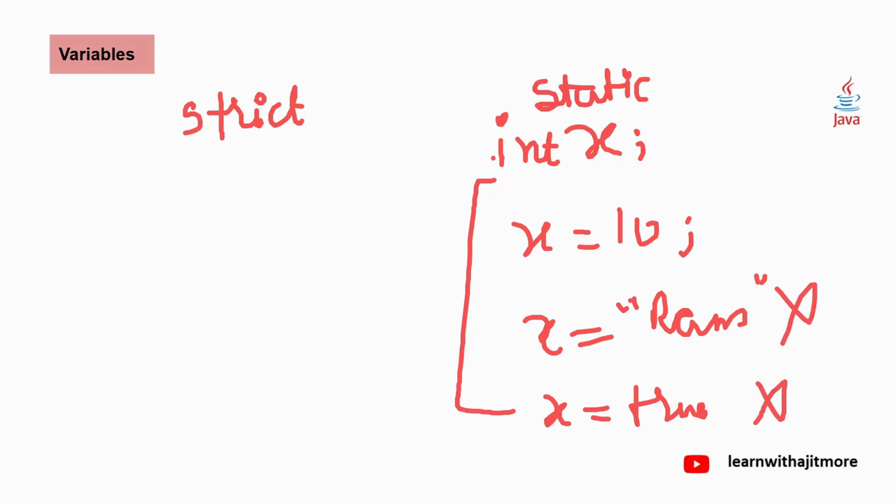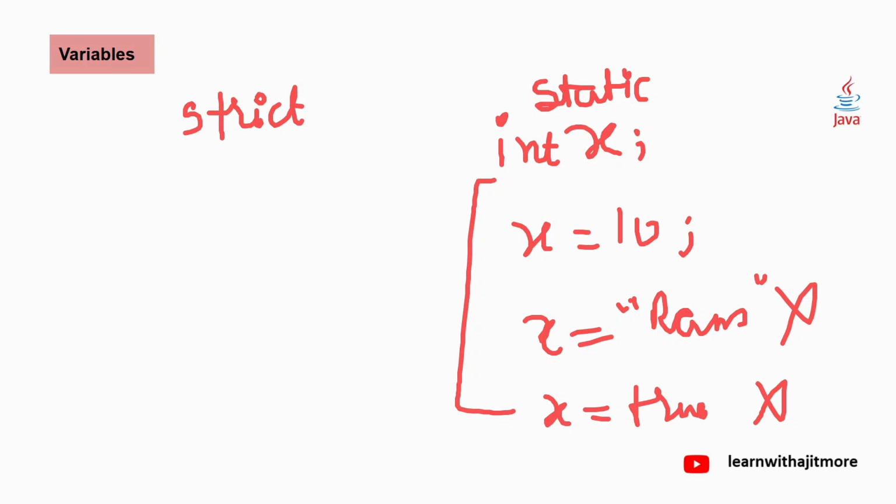Once the variable is declared as integer, throughout its life it is integer. Means in this variable, I can only store any integer. As it is integer, I'm allowed to store int only. Sometimes I'm storing string, sometimes boolean. It is wrong. Compiler will give error. That is called strict type. So strict type means once the variable is declared of some type, throughout its life, it is of that type only.